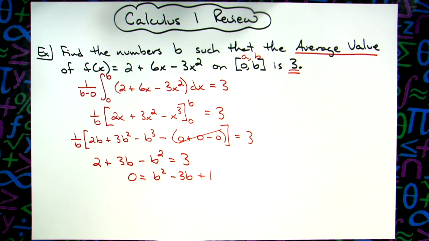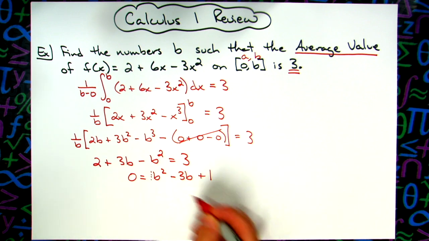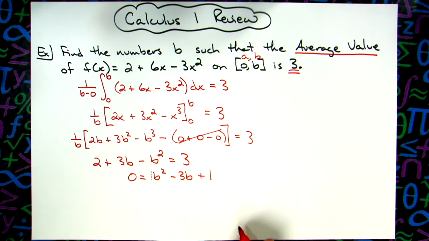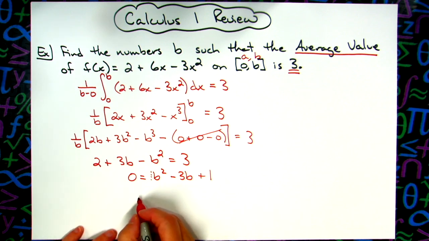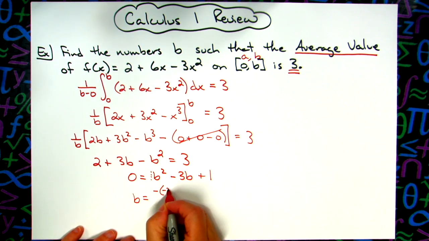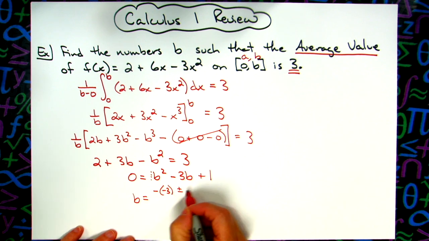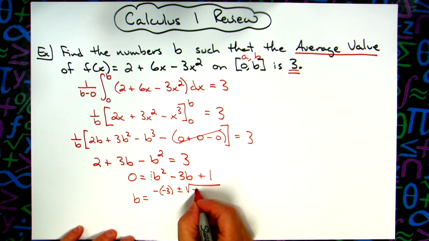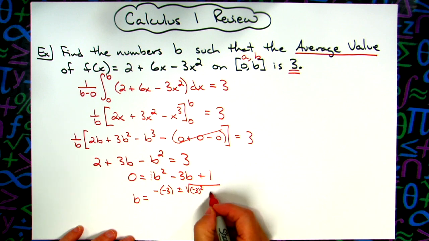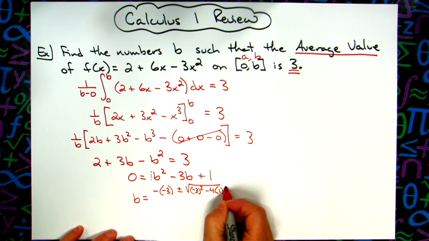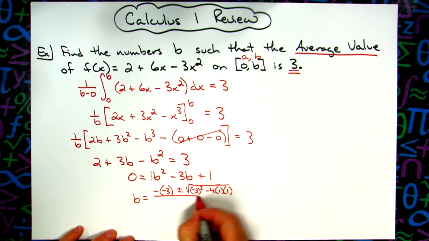At this point, we're going to use the quadratic formula because we know that the coefficient here is 1, we've got -3, and we've got a 1. Using that quadratic formula, b is going to be negative times -3 plus or minus the square root of -3 squared minus 4 times 1 times 1, all over 2 times 1.